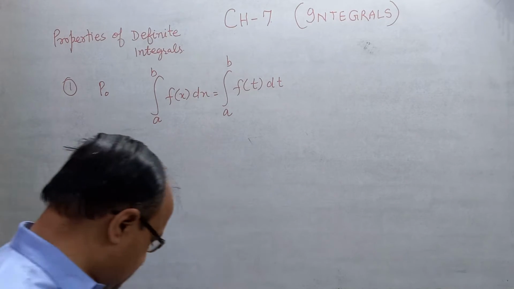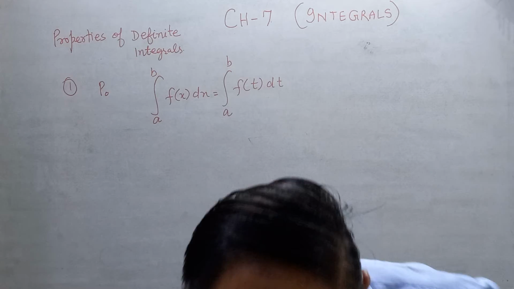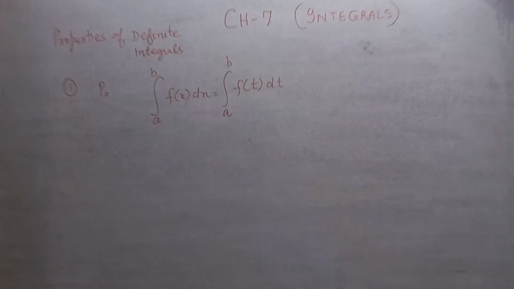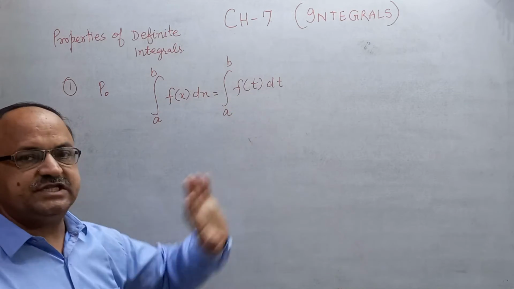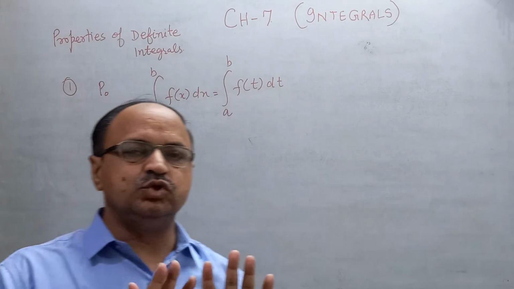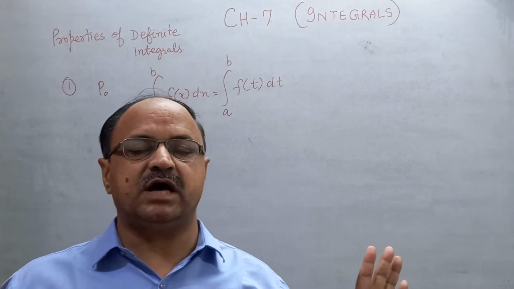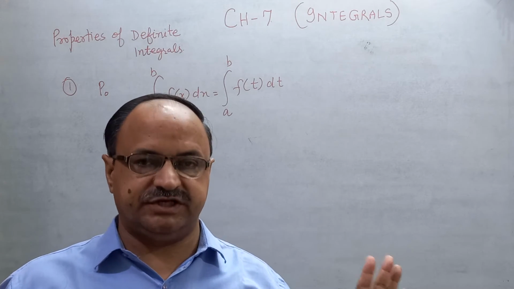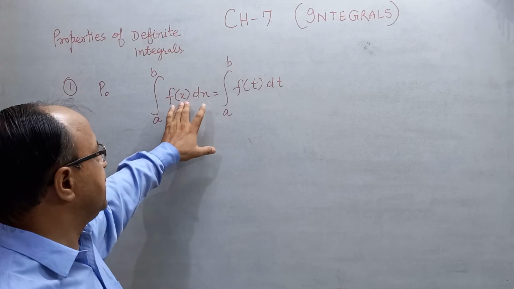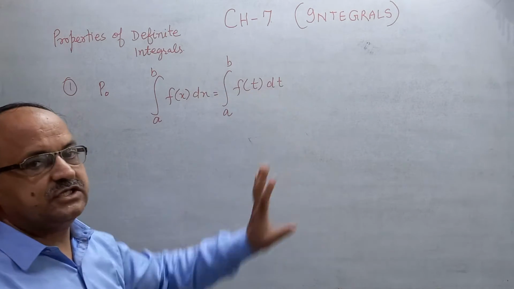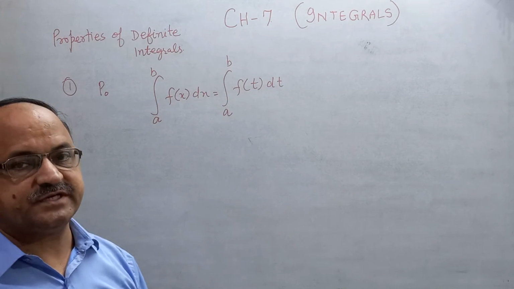In this property it means you can change the variable. If you change the variable, then there is no difference in the answer of both statements, correct? Because whether you write in x or in t, there is no difference. This is the first property.